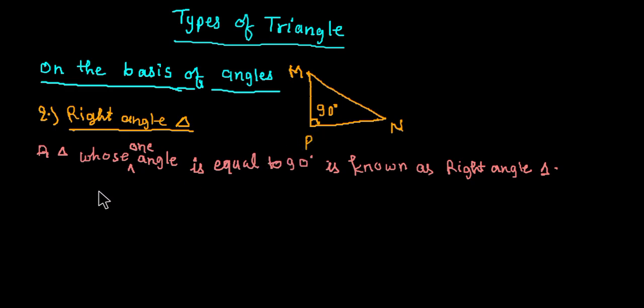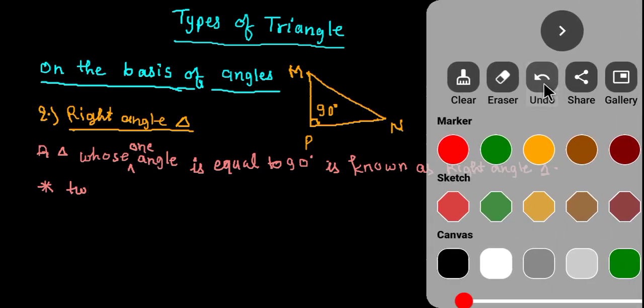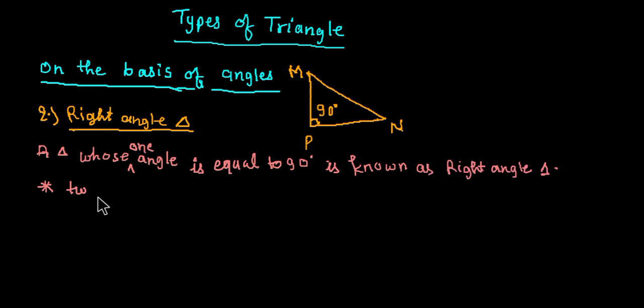So we can note this point: two angles of a triangle cannot be 90 degrees.